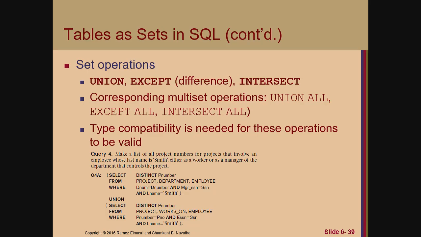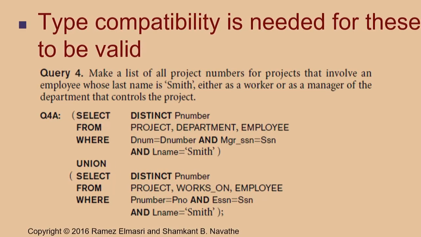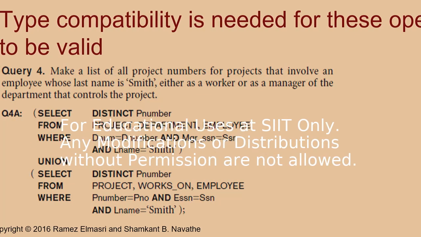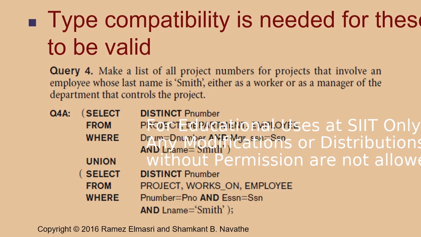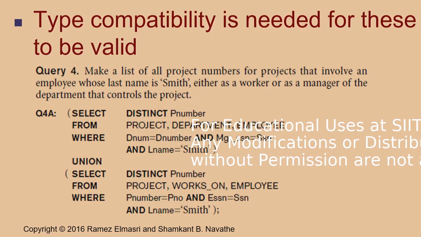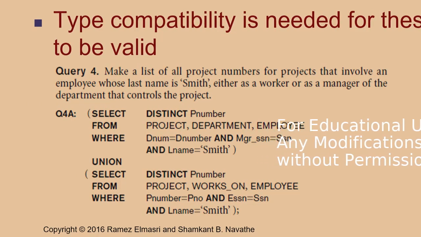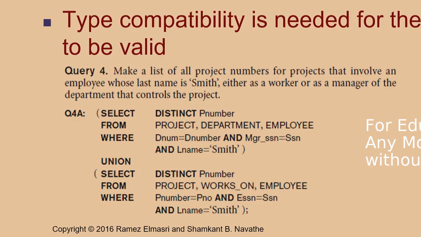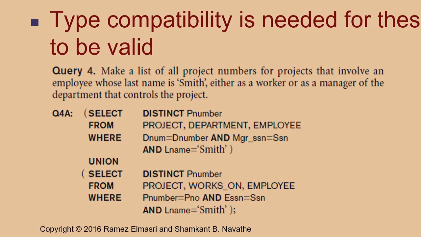For example, make a list of all project numbers for projects that involve an employee whose last name is Smith, either as a worker or as a manager of the department that controls the project.